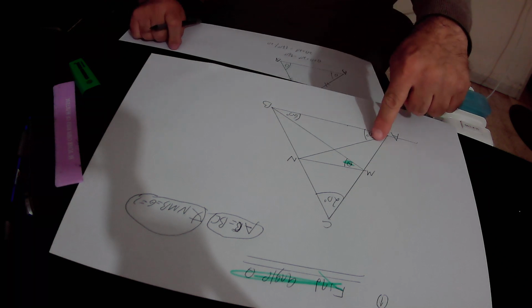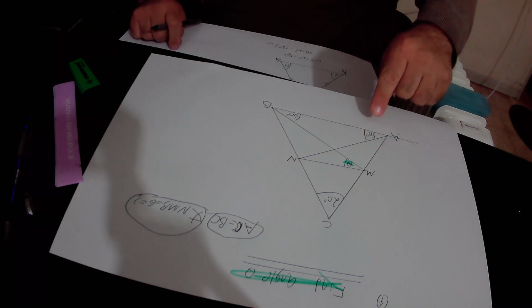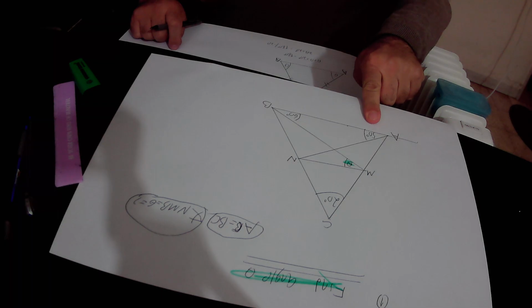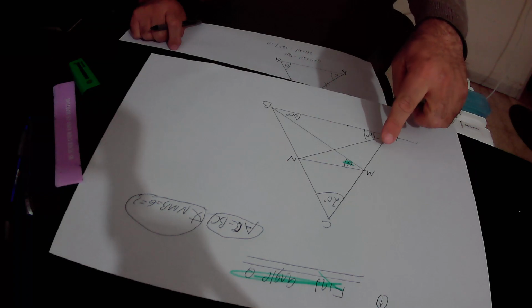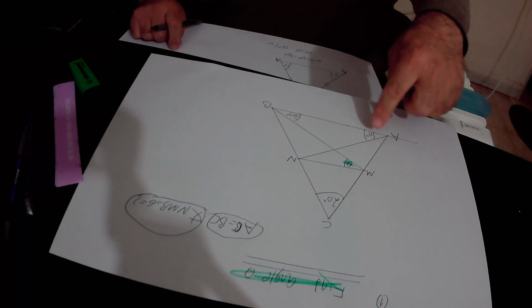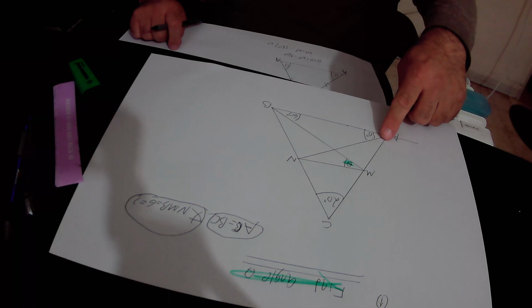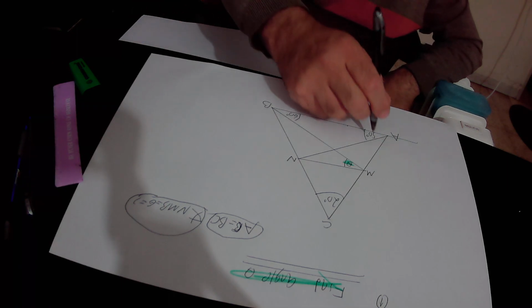So this angle in total is equal to 80 degrees. So angle NAB equals 50 degrees. In order to complete the size of this angle to 80 degrees, the missing angle must be equal to 30 degrees, of course.